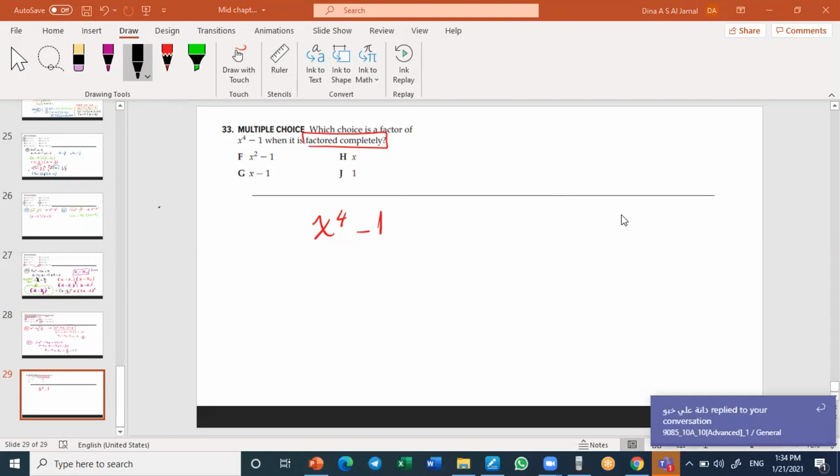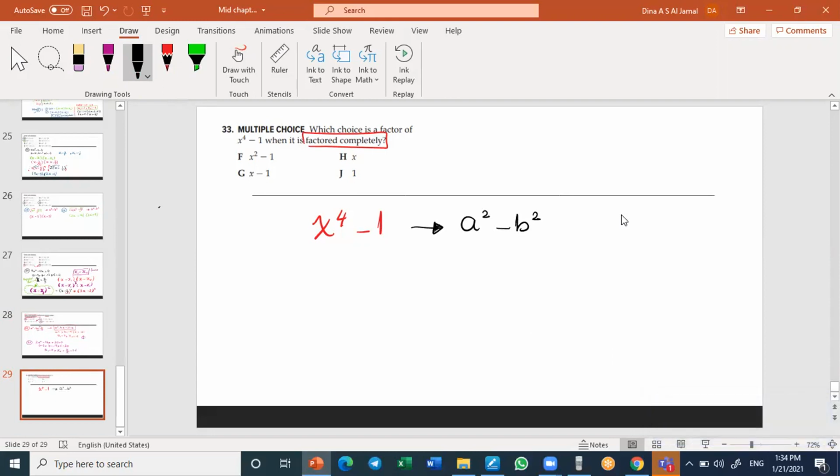What if I change it to the form of a squared minus b squared? So what is the term? If you square it, you will be getting x to the power 4. It will be x to the power 2. Now square it. What is the term? If you square it, you will be getting 1. It is the same as the 1.